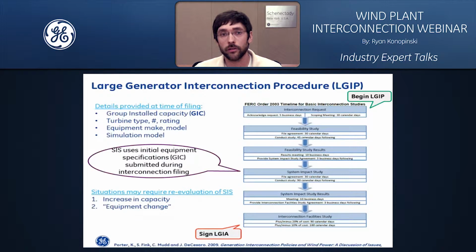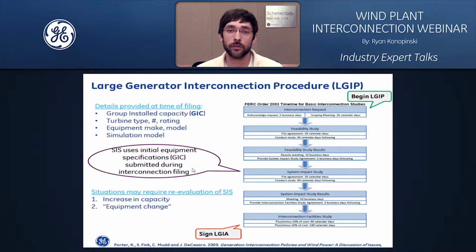So let's now take a look at a high-level overview of the flow of how the LGIP works. The figure here on the right-hand side was borrowed from an NREL report, and essentially walks us through the timeline and flow chart of the large generator interconnection procedure, or this FERC Order 2003-C.